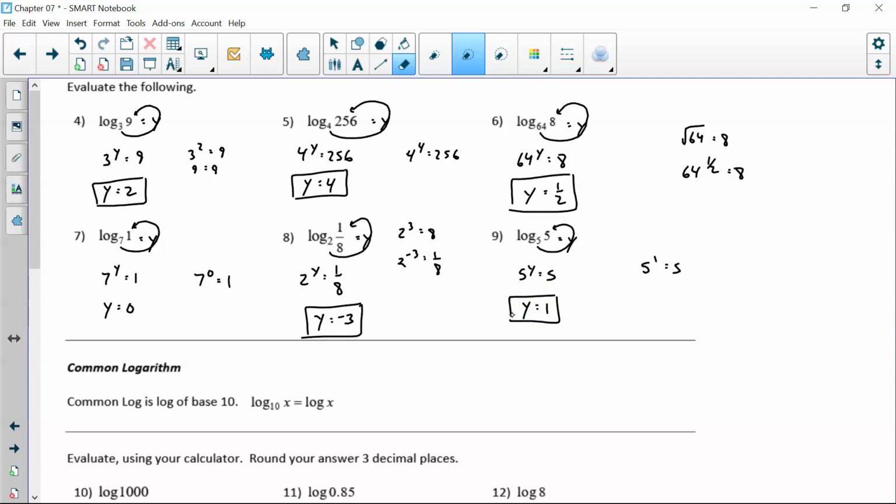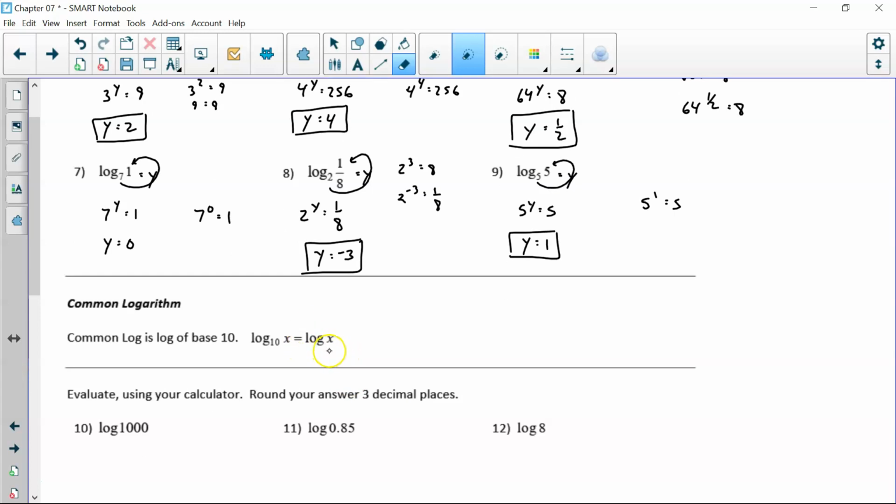And that's evaluating. We're writing them in exponential form and finding the missing exponent. On your calculators, you have a button that says log. That button is what's called the common log, and that's log base 10. So the common log is also written just as log of x.